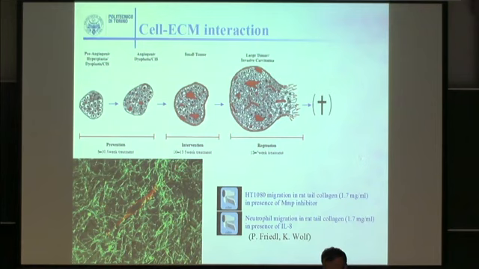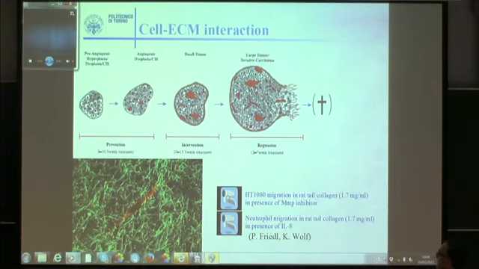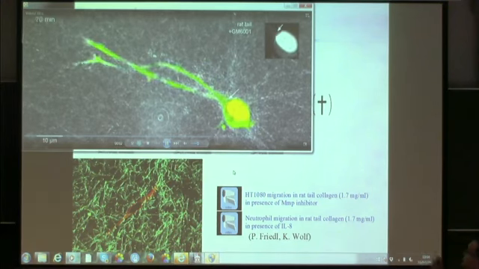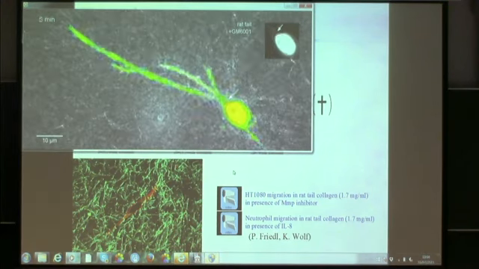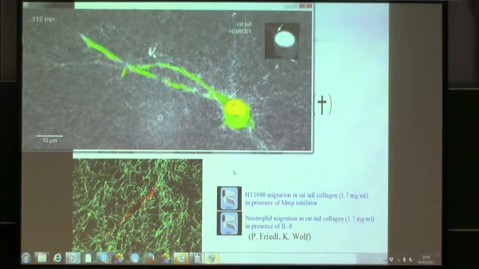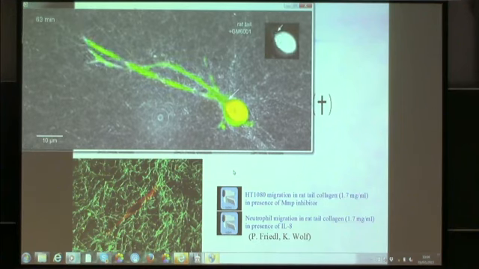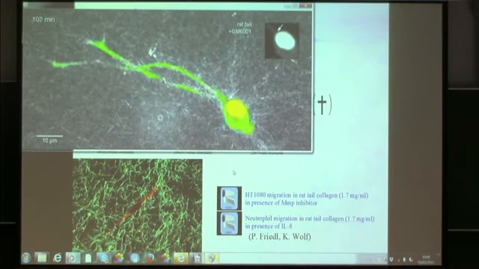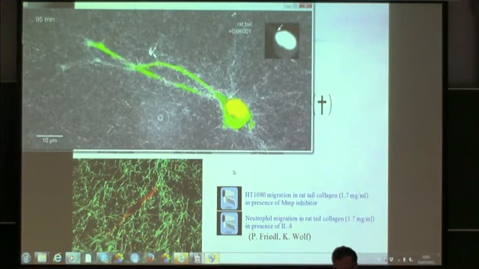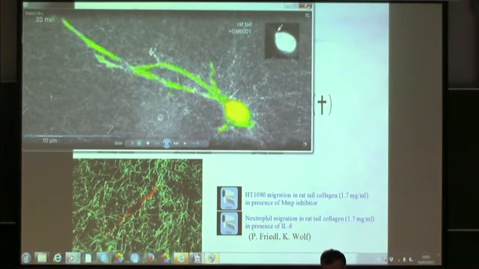I saw these movies by Peter Friedl and Katarina Wolf, in which you have in the same collagen two types of cells behaving completely differently. This is a cell in a collagen, and you see long protrusions in the 3D extracellular matrix, but the nucleus, the yellow stuff over there, is stuck and cannot go through, and will stay there more or less forever.